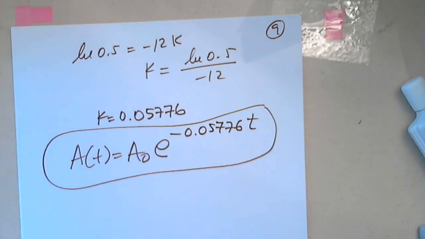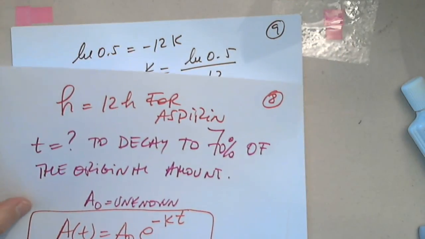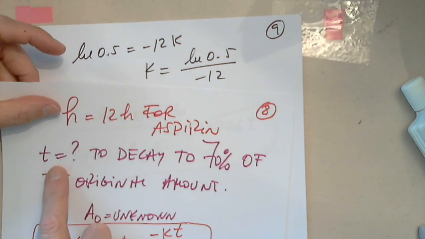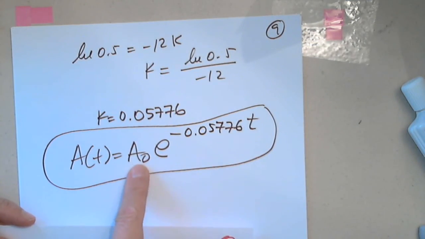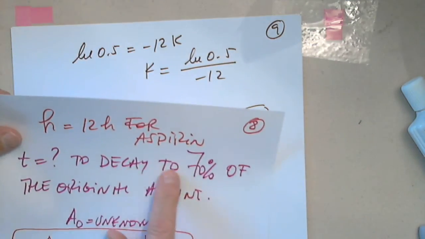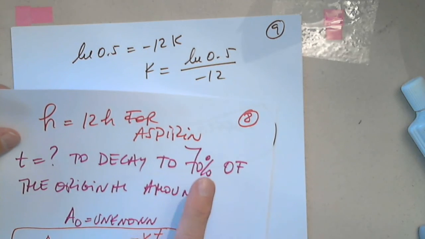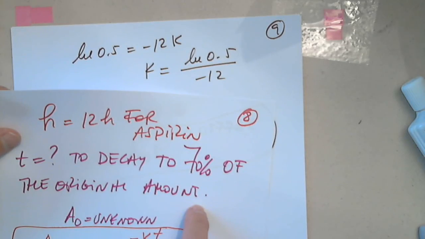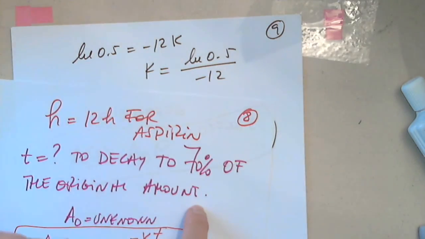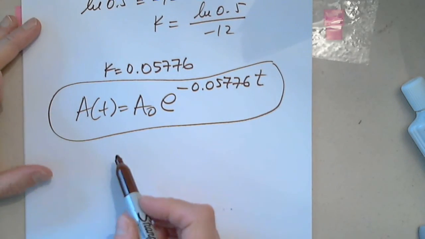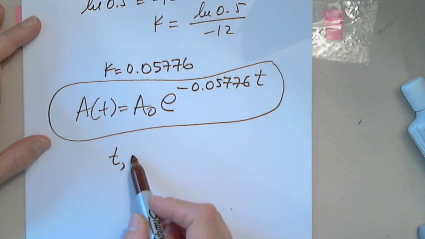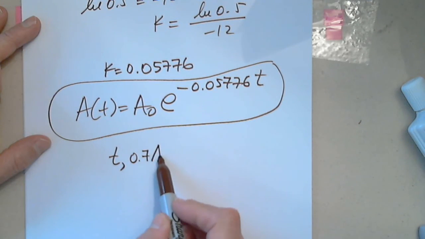Remember what the problem is asking us. Find the time for the amount that I took of aspirin to decay not to 50% but to 70% of the original amount. So from 100% down to 70%. So the time for 0.7 times A0.